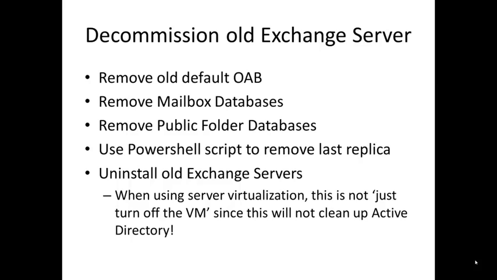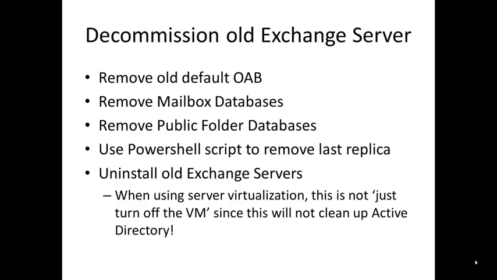Microsoft is delivering a number of PowerShell scripts in the Exchange script folder to remove the last replica. It works, but it doesn't always work the first time. So sometimes you have to repeat the step, run the script several times, wait for replication to finish before the last replica is actually removed from the public folder database.